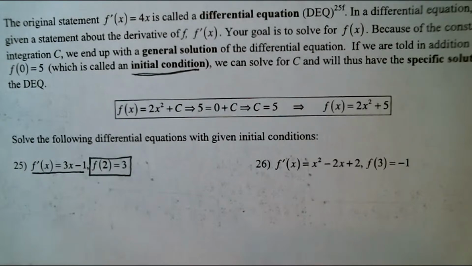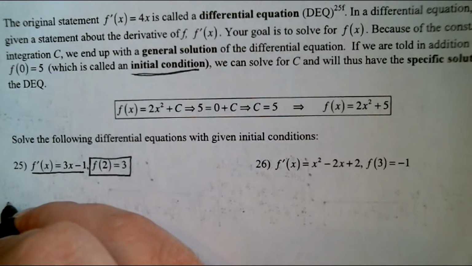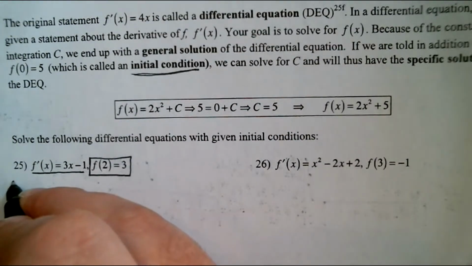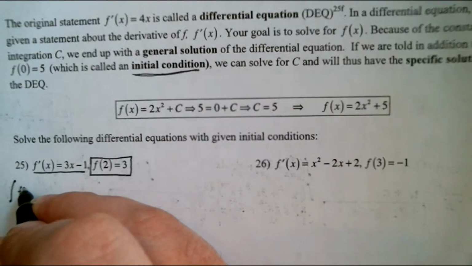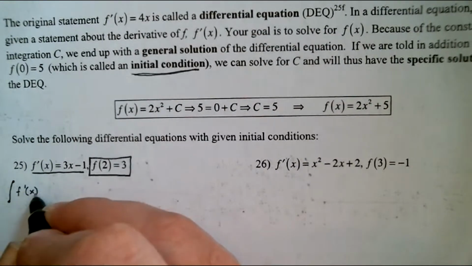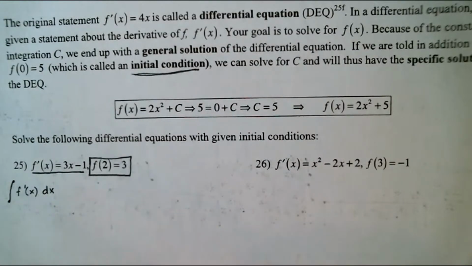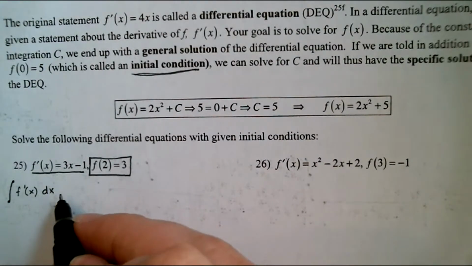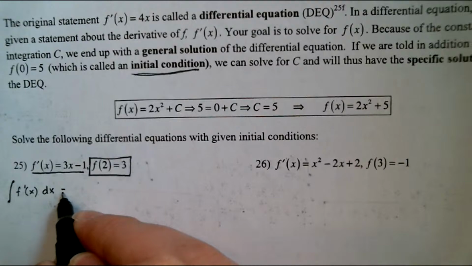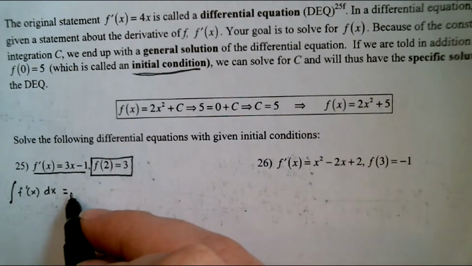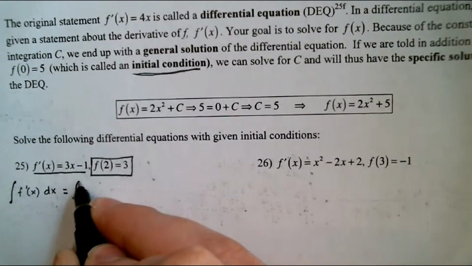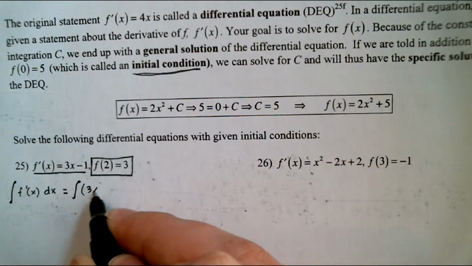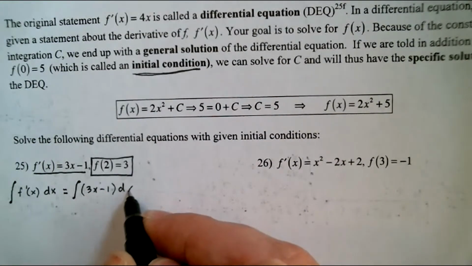Okay. So we start by integrating both sides. So I have the integral of f prime of x dx is equal to the integral of 3x minus 1 dx.